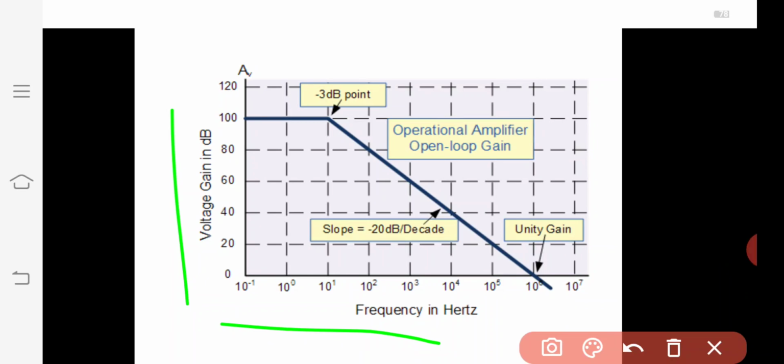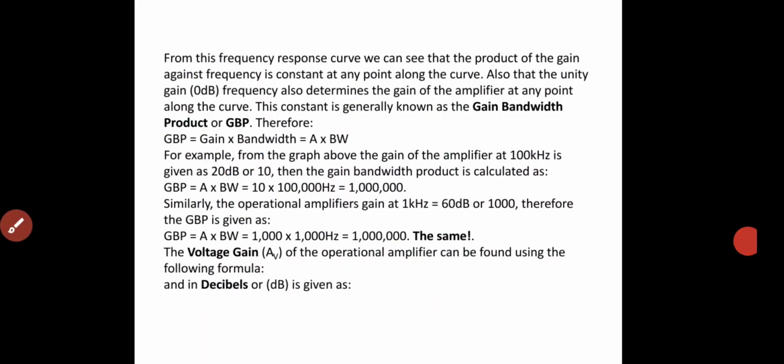So with the frequency, the gain is constant. When frequency is increased, the gain also decreases. At 10 raised to power 6, the gain is unity. From this figure we can see that the product of gain and frequency is constant at any point along the curve.